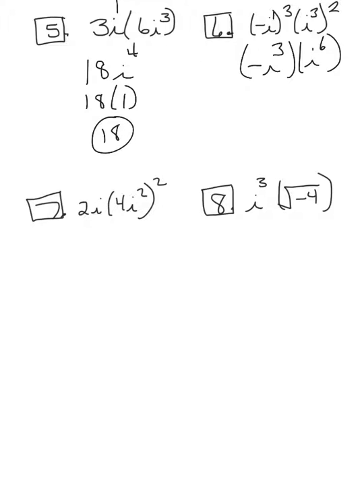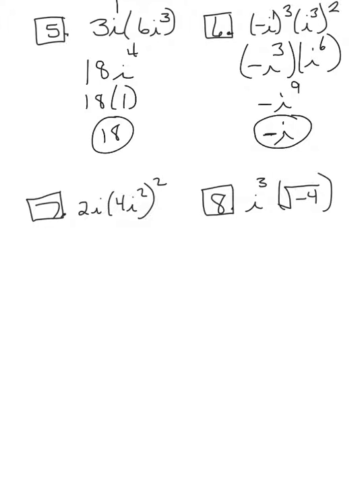And now we multiply these two together, and I get a negative i to the 9th. If I divide 9 by 4, it goes obviously twice, which is 8 with a remainder 1. So it's really negative i to the first power, which is just negative i. Nothing else you can do. Yeah, i to the 9th is that.